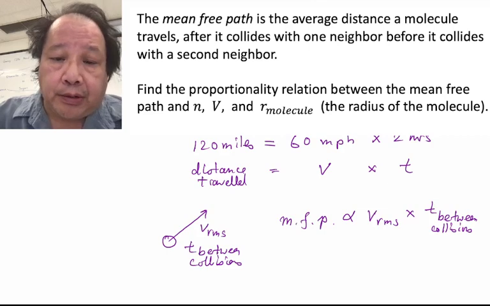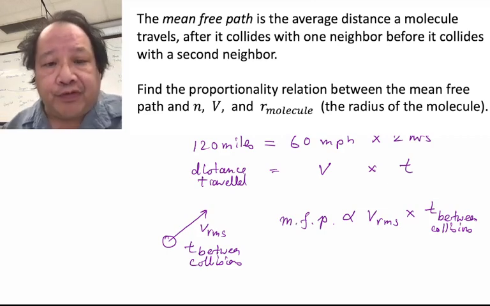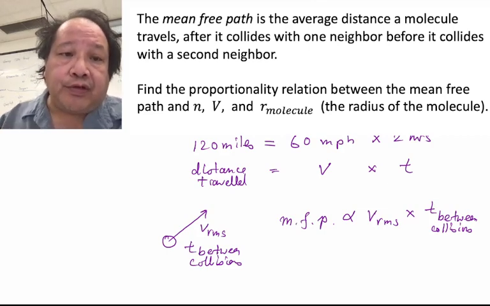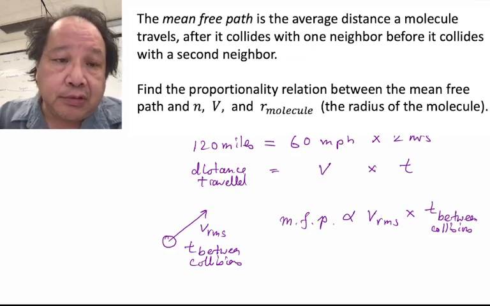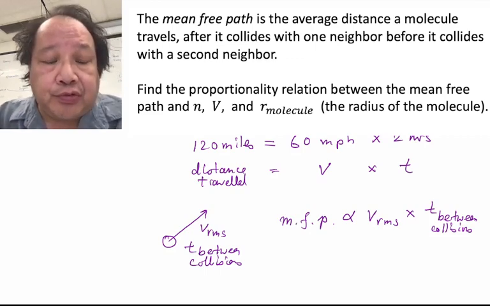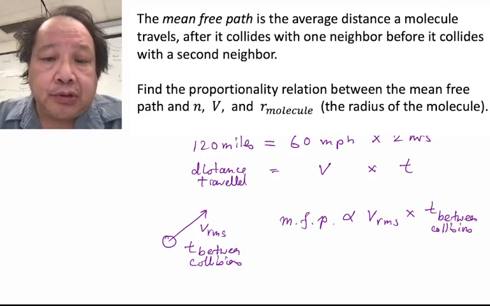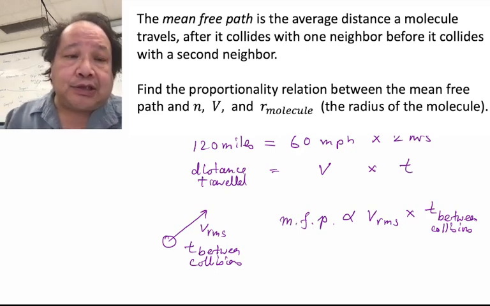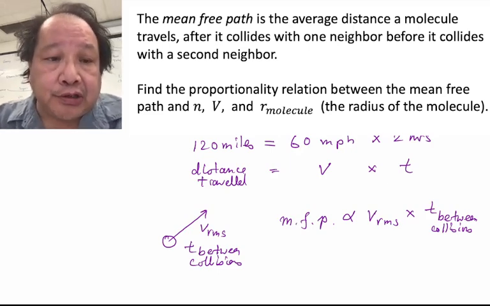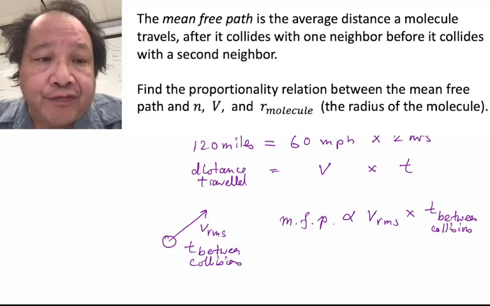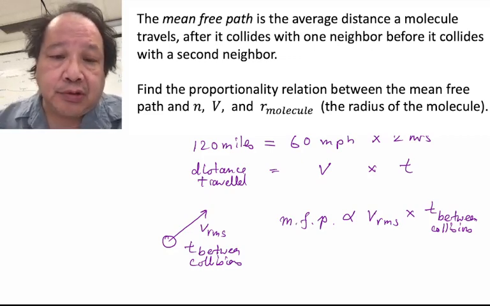But we wouldn't be right. If you double v RMS, you're moving twice as fast. If you're moving twice as fast, the chance you'll run into another molecule is twice as great. And that means that the time between collisions will be half as much.